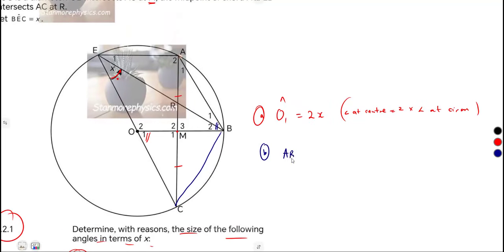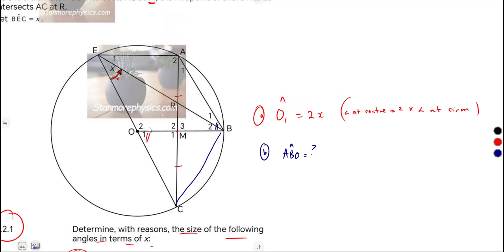So what can we do to find this angle ABO? So let us see what we have so far. We have got angle O1. We have got angle A1, which is affected here, A to B to O. Yeah, we can use a lot of things. We can actually work out a lot of things.